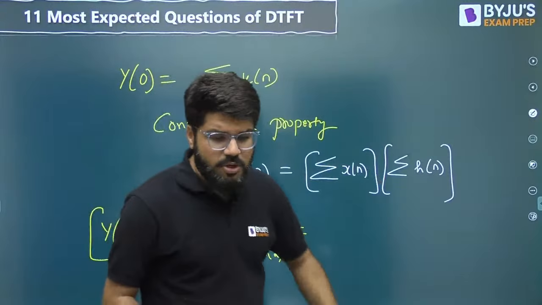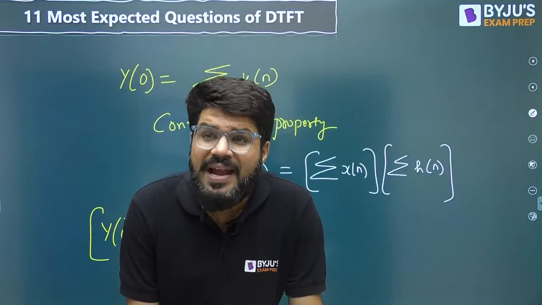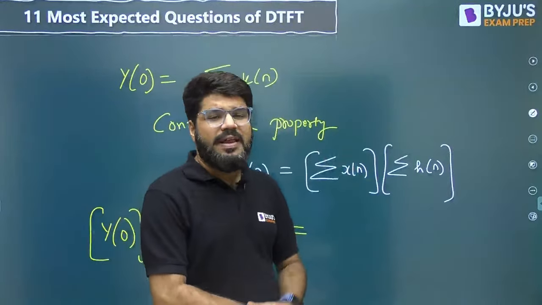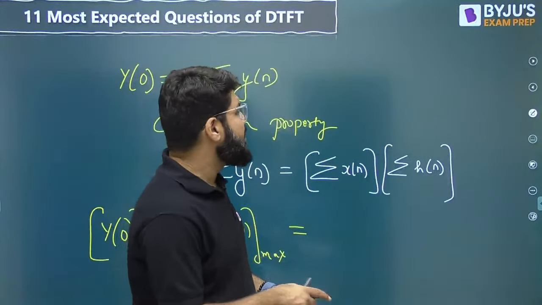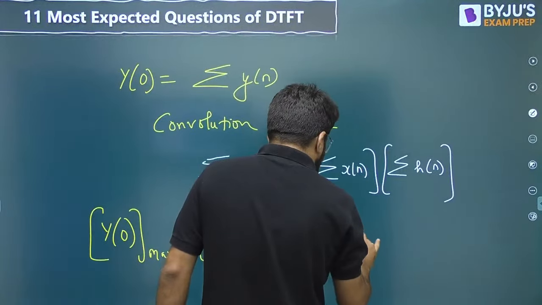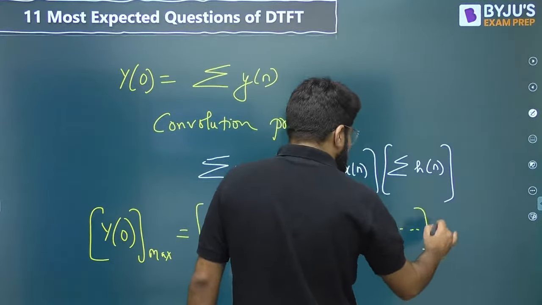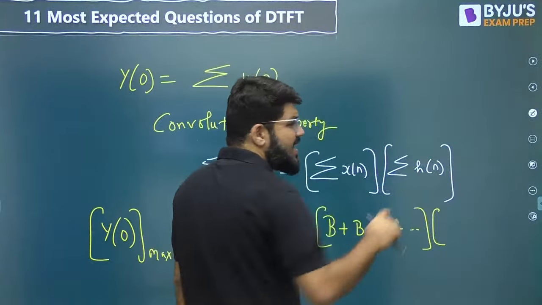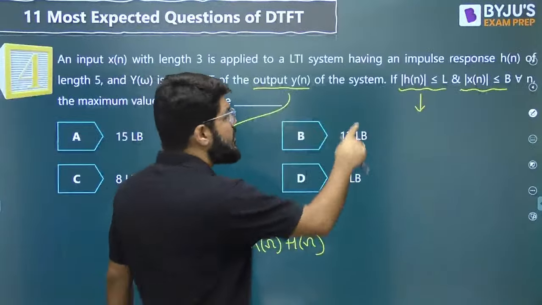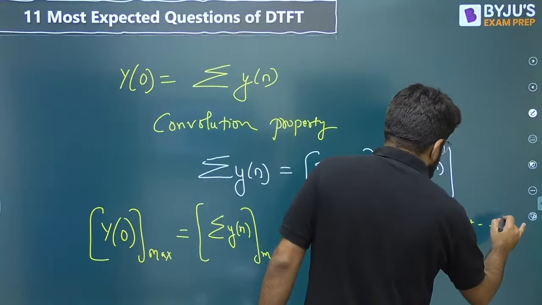You want the summation of x[n] to be maximum. That can be maximum if all the individual values are maximum. And what is the maximum value of x[n]? b. Similarly, to maximize summation h[n], all values of h[n] should be maximum. Maximum value of h[n] is L. So L plus L, how many times?